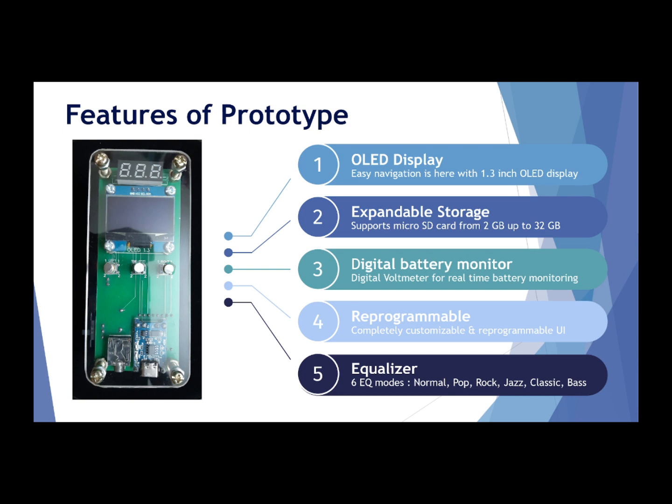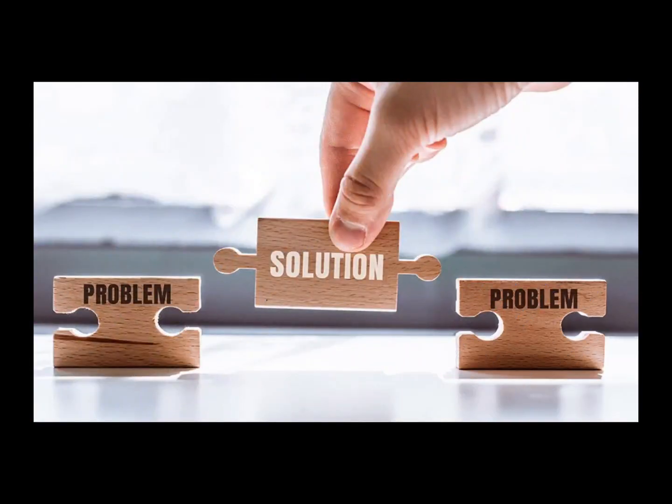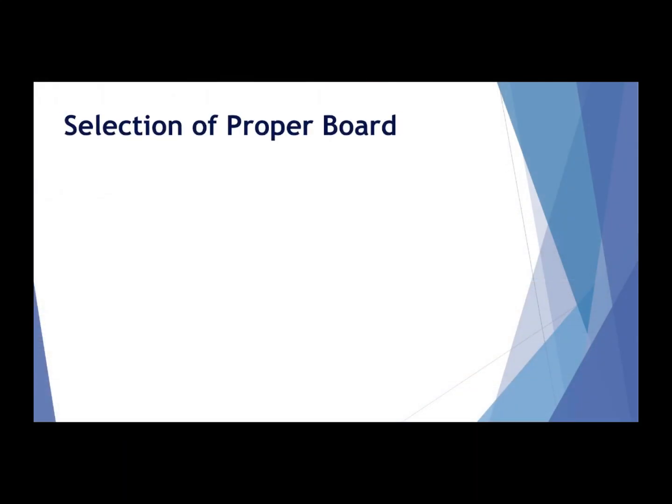But while making this project, we faced some problems. So it's very important to discuss the problems we faced before making the project and the challenges that we solved. Well, the first question was about the proper selection of the board.